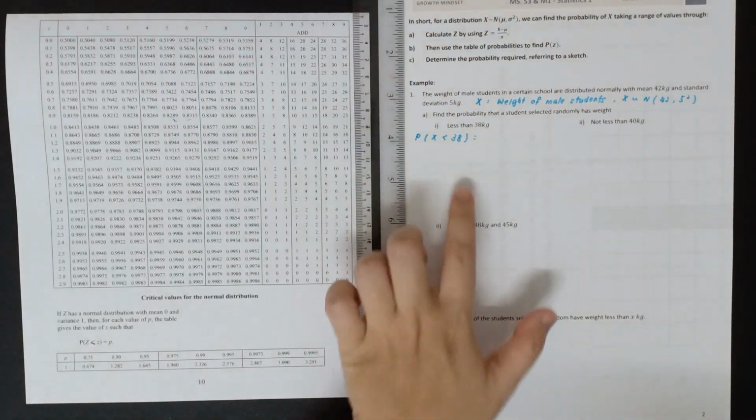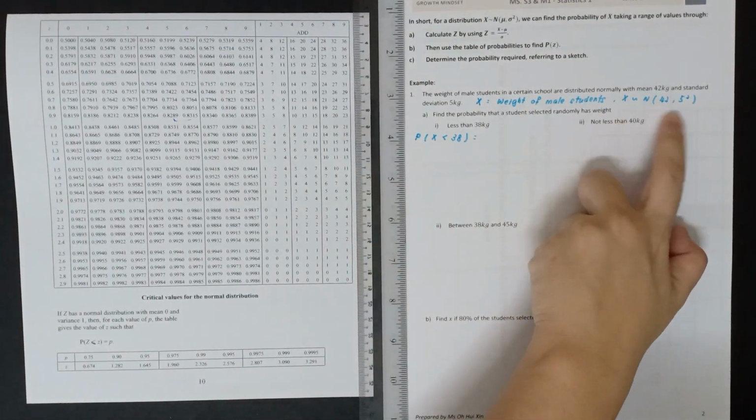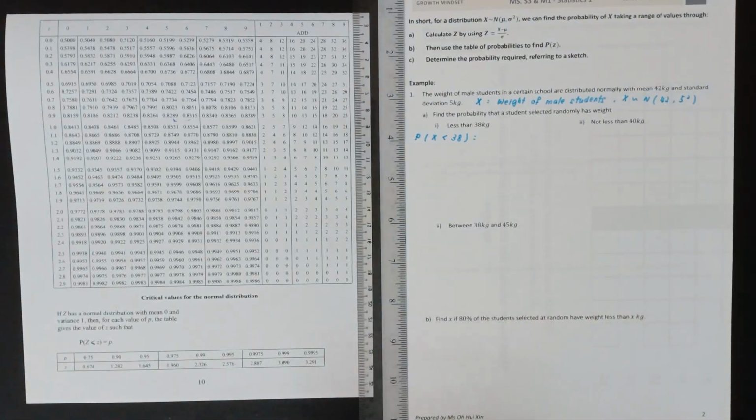You still remember this one is based on the normal distribution. Whenever I want to find probability, the first thing I need to do is standardize my normal distribution.